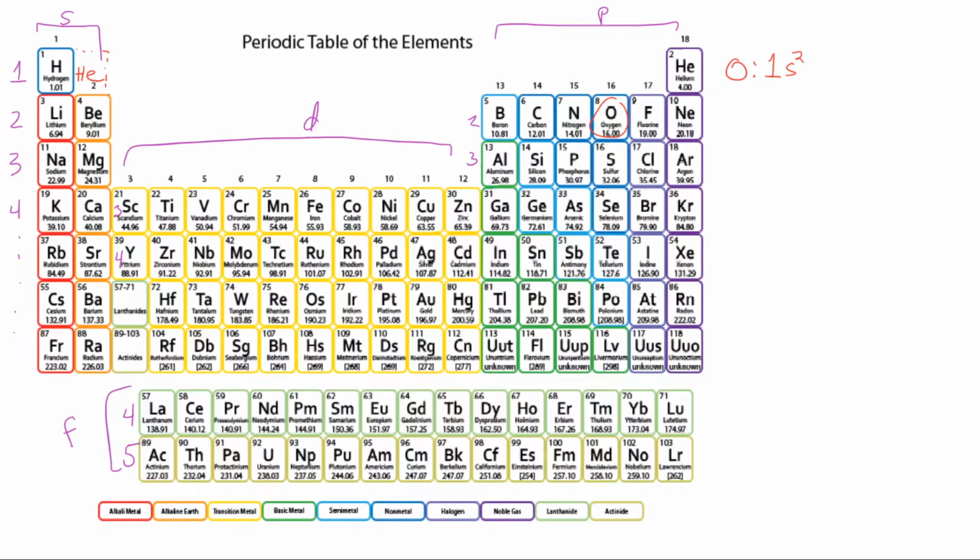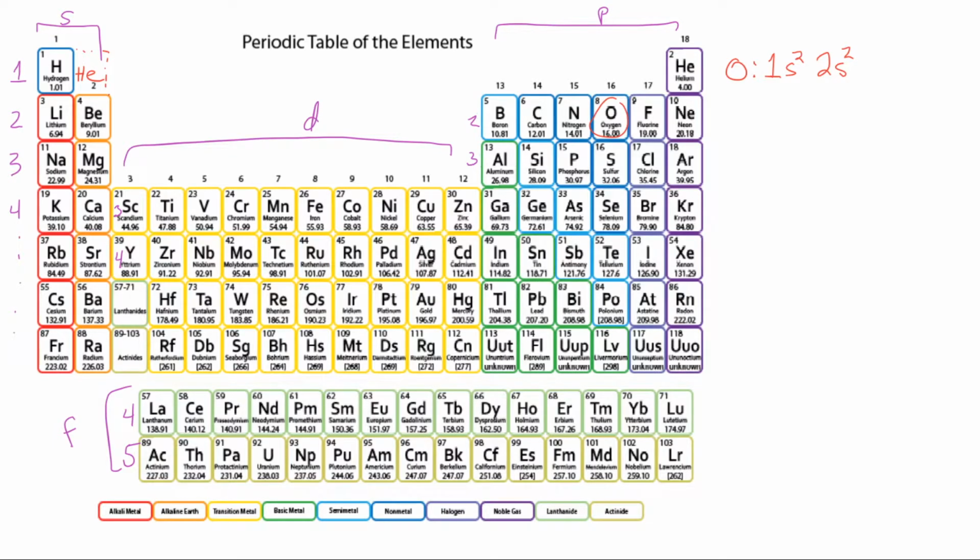We're going to keep going. Lithium and beryllium would be next, because we're just going down the periodic table. Those are also the S block, so energy level 2, but there's still 2 electrons because we're filling 1 electron per atom as we move across. Then boron, carbon, nitrogen, and oxygen are on the P block.